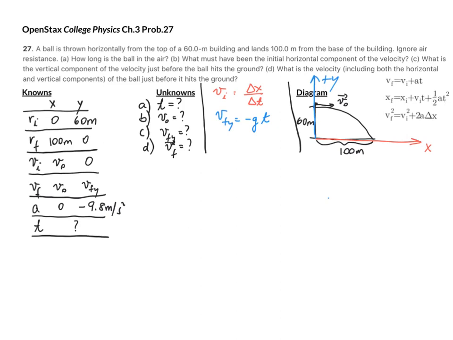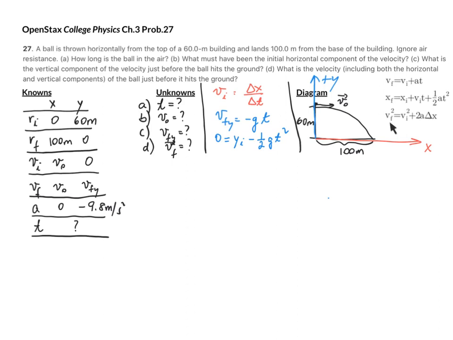So I'm going to write the reduced form here. So I have 0 equals y initial, plus 0 minus 1/2 g t squared. So that's what my second equation reduced to in the y direction.